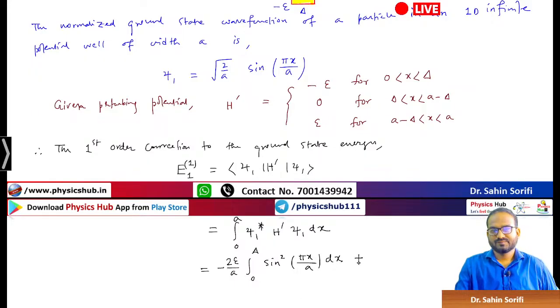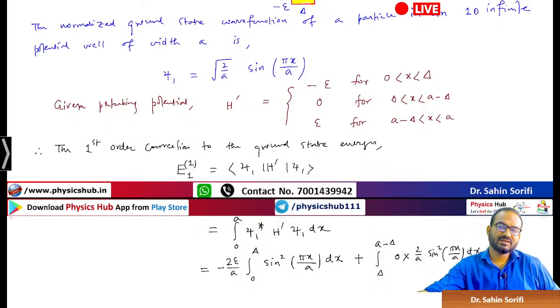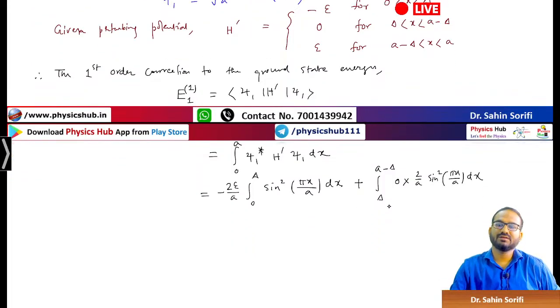Plus, between delta and A minus delta the contribution is 0, so 0 into 2 by A sin square pi x by A dx. I am just writing it for completeness; you can ignore this second term because it is 0.